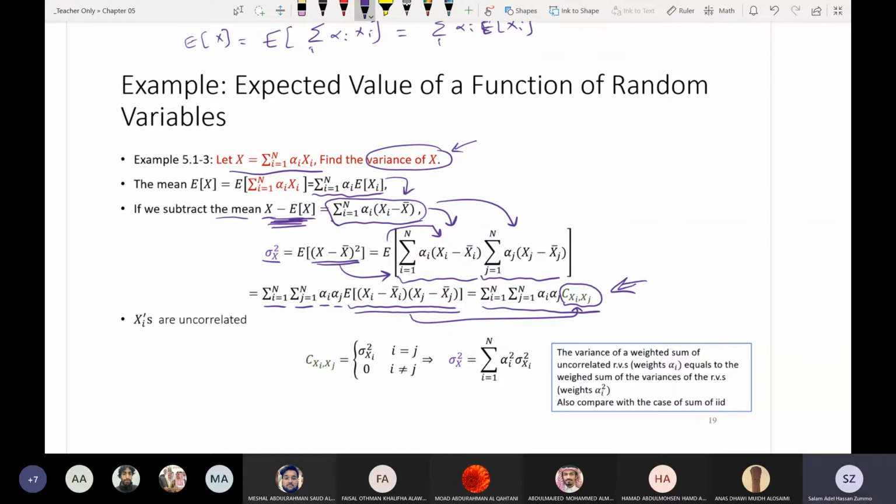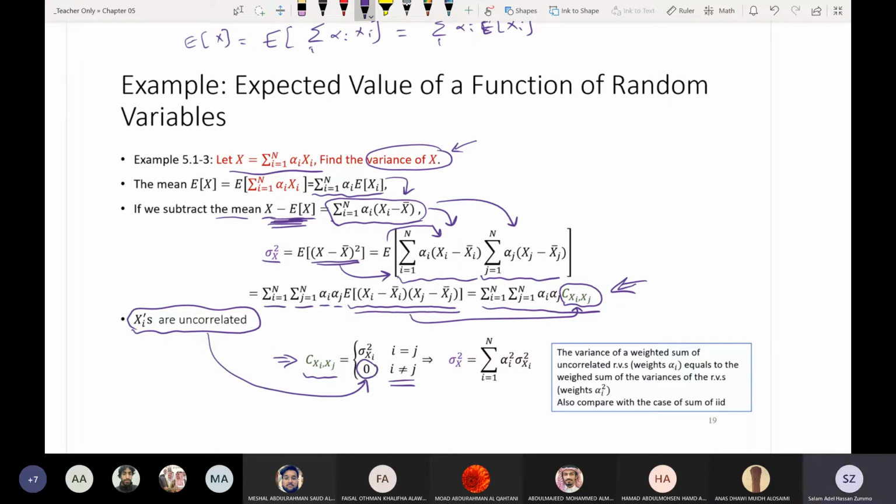Now, the interesting part is when the xi are uncorrelated. So if I'm summing uncorrelated random values, then in this case, what do I know about the covariance? For i not equal to j, for two different random variables xi and xj, since they are uncorrelated, this is 0. Right?